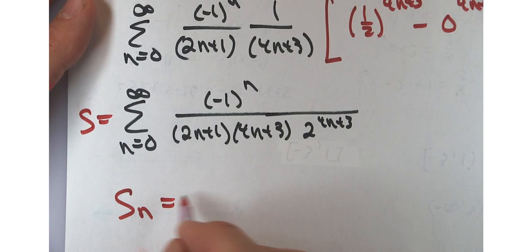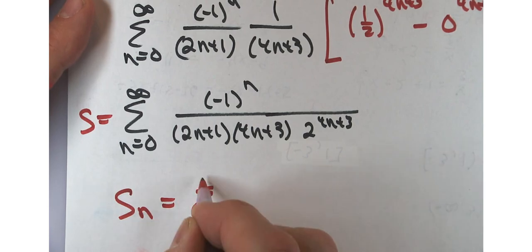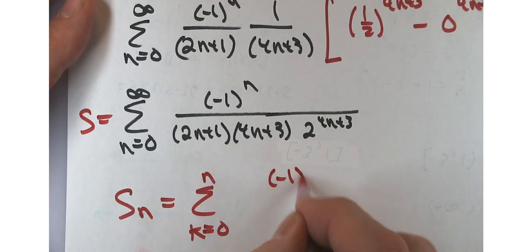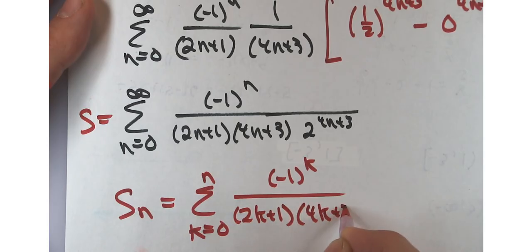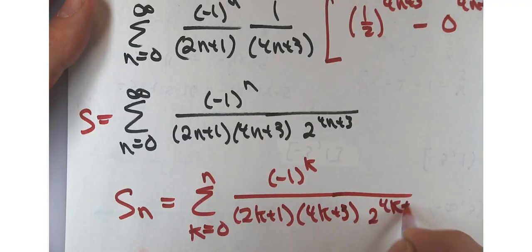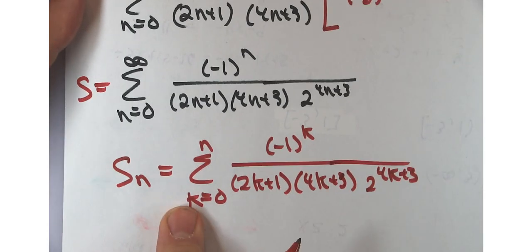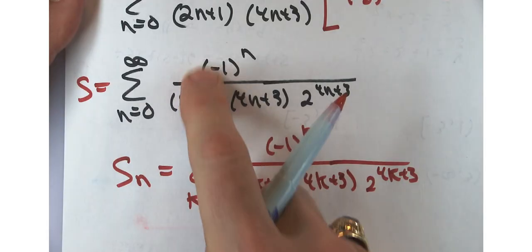S sub n is going to be the sum from k equals 0 to n of (-1)^k over (2k plus 1)(4k plus 3)(2^(4k+3)). This is an approximation to this. How good is it? What's our error?